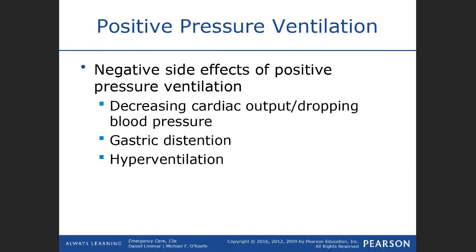If it's too fast, too forceful, or the head is not positioned correctly, you can get air bypassing the air passage and going down the esophagus to the stomach, and the stomach starts to get distended, and you are going to feel the difference.